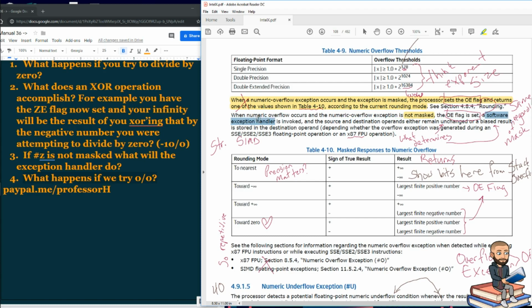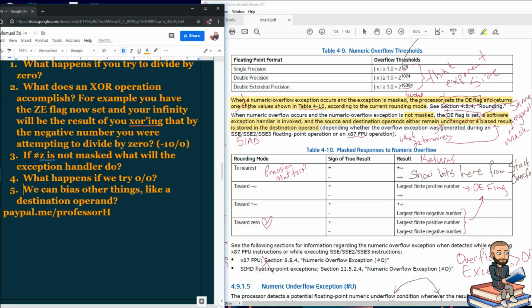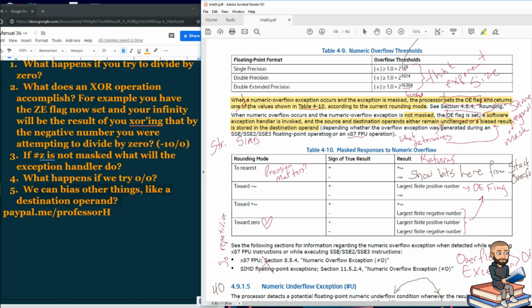But a software exception handler is invoked, and the source and destination operands either remain unchanged, or a biased result is stored in the destination operand. And I read that thinking, that's pretty genius. So I just ask, we can bias other things, like a destination operand? Not just an exponent?